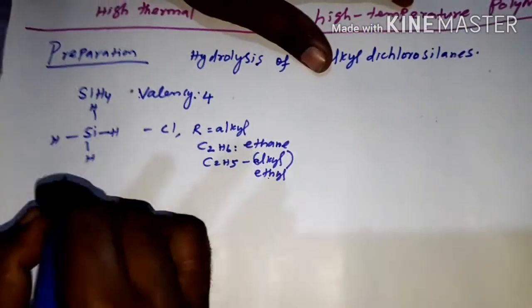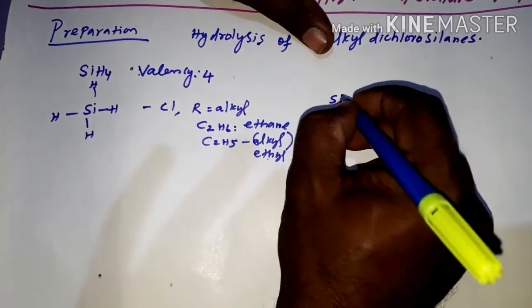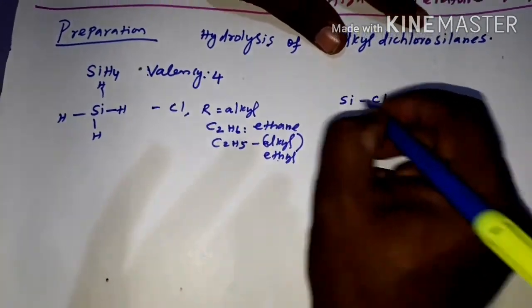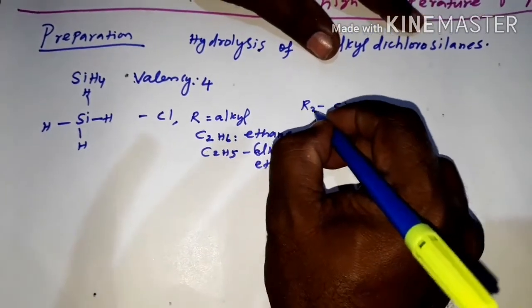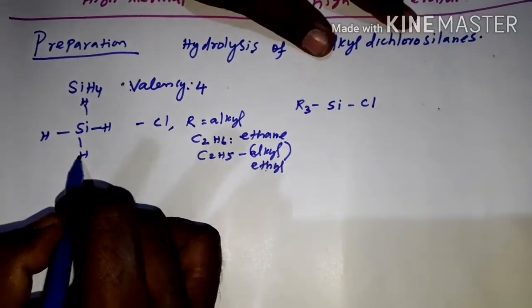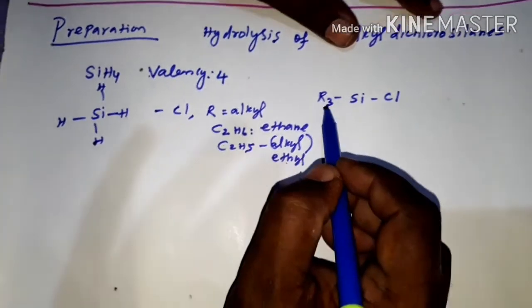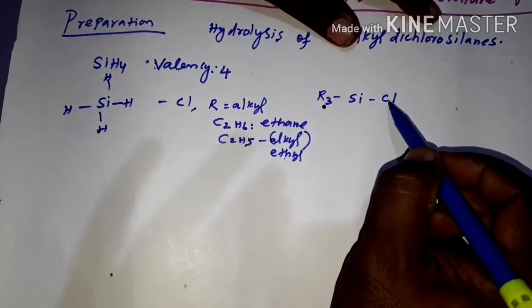Now what will happen? We get Si, then one chlorine atom, then R3. If 3 hydrogen atoms are replaced by 3 alkyl groups, we write R3, and one chlorine atom.